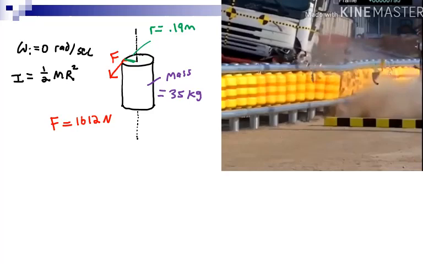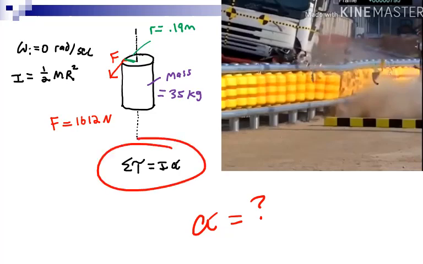The radius is 0.19 meters, and we want to find out what the acceleration is, given this force and the different dimensions here. So we're going to use torque equals I alpha for that. Go ahead and pause the clip and do that, and when you're ready to check, you can hit play to continue.